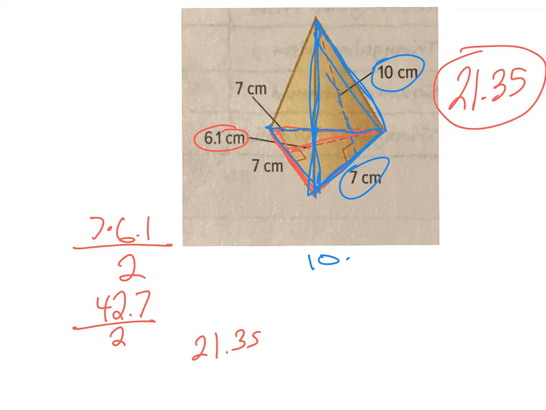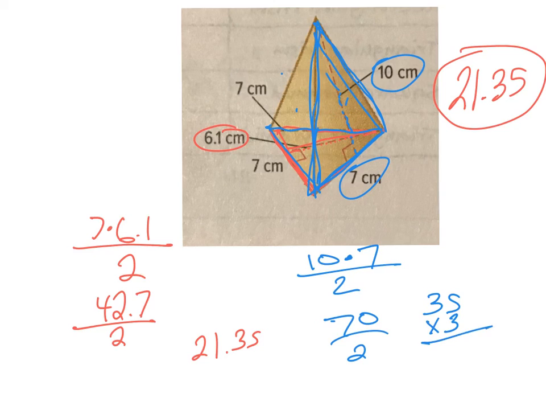So it's 10 times 7 divided by 2. And that is 70 divided by 2, which is 35. Now, because we have 3 here, we're going to do 35 times 3. Let's see, 15, 9, 10, 105. So 105 is the 3 sides, 21.35 is the base.